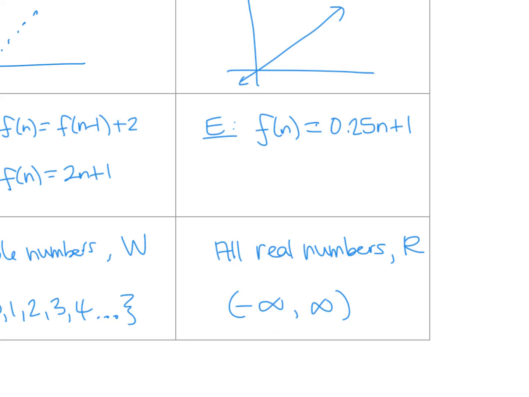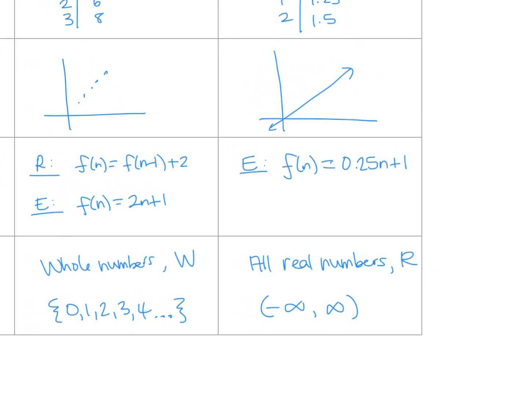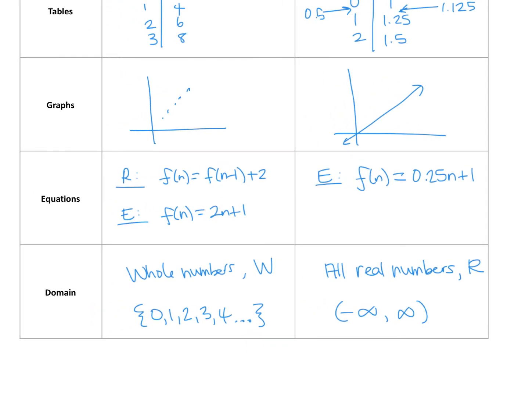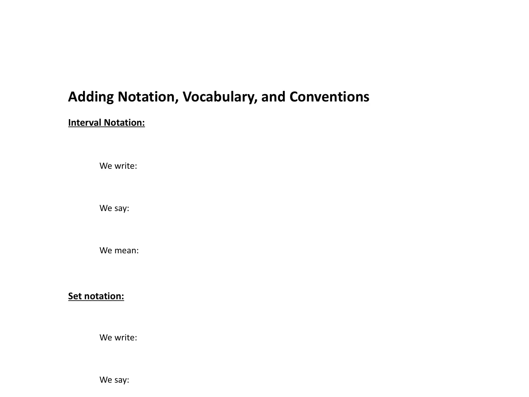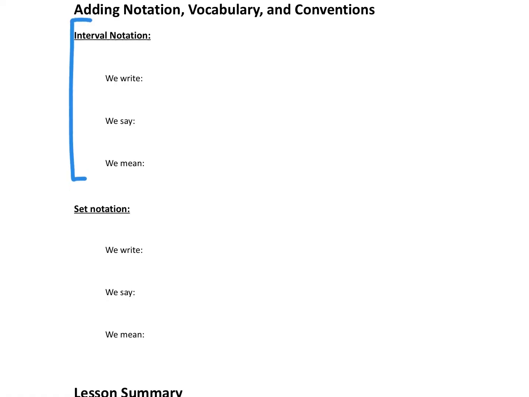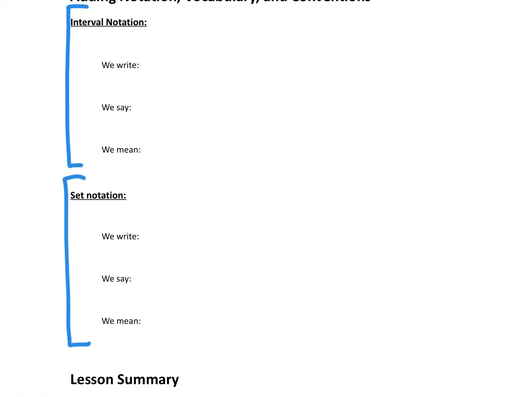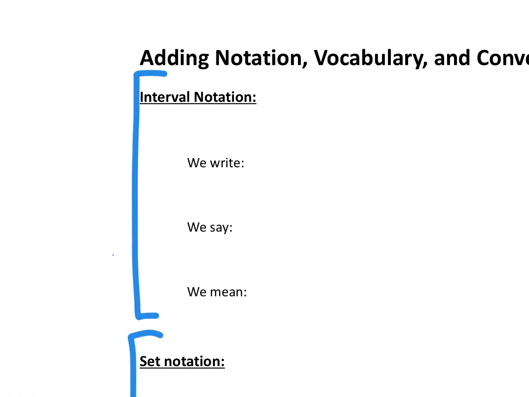Okay. All right, let's go to the back page of our takeaways and just fill in a little bit of notation. All right, so we're going to talk a little bit more about this interval notation that I just barely introduced to you. This is used only for continuous situations. Okay, so I'm going to write continuous next to interval notation.